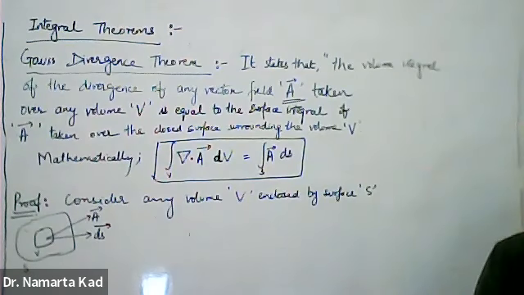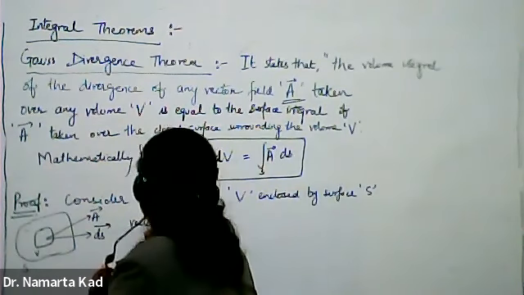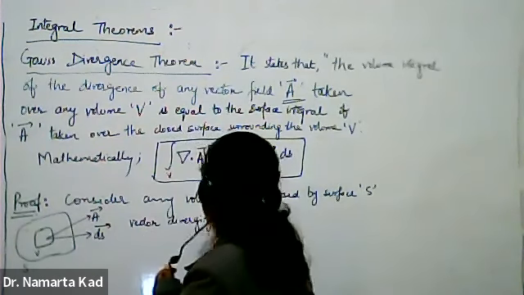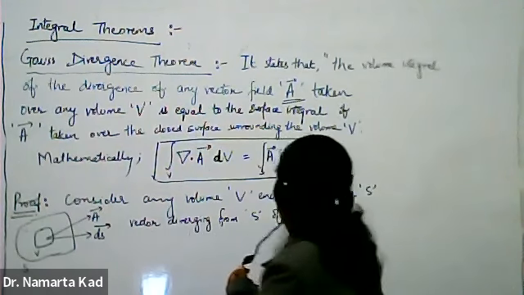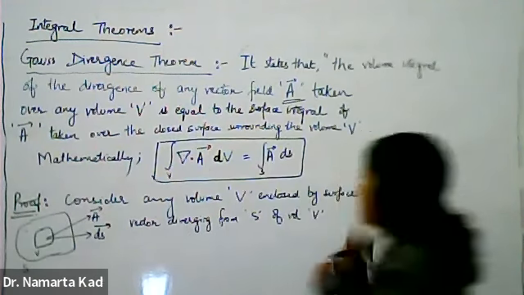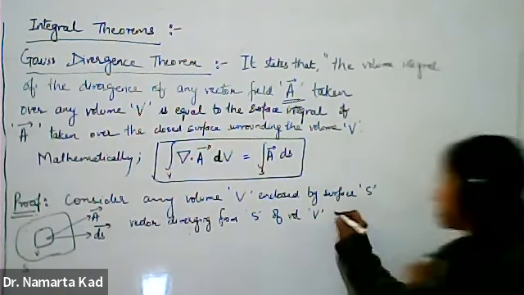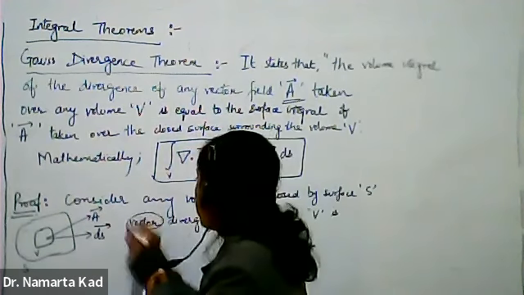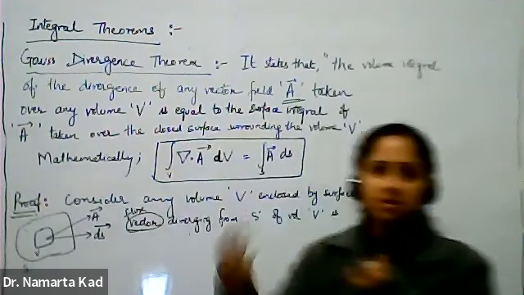The vector diverging from S of volume V can also be written as the flux, because the flux lines are diverging.